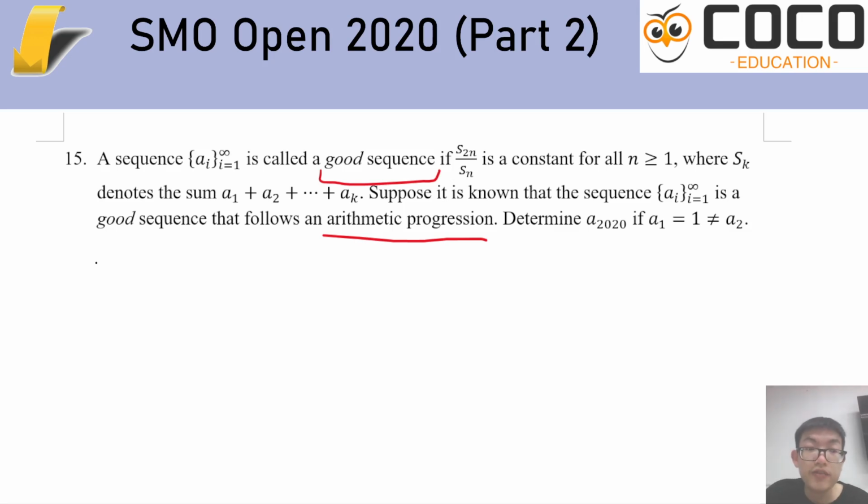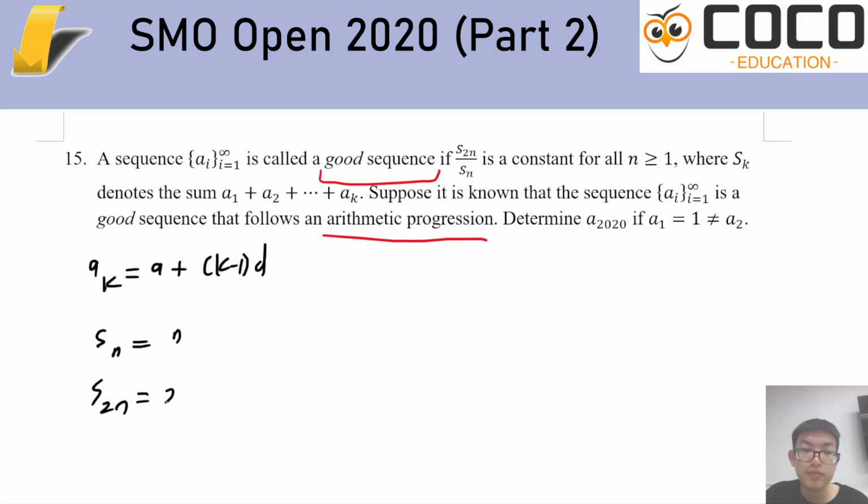And so if I were to just do the same definition as before, Sn and S2n will be n times the average, and let's just see what it looks like.